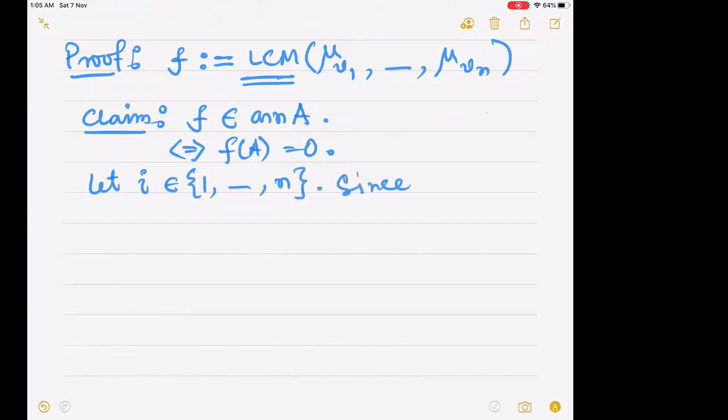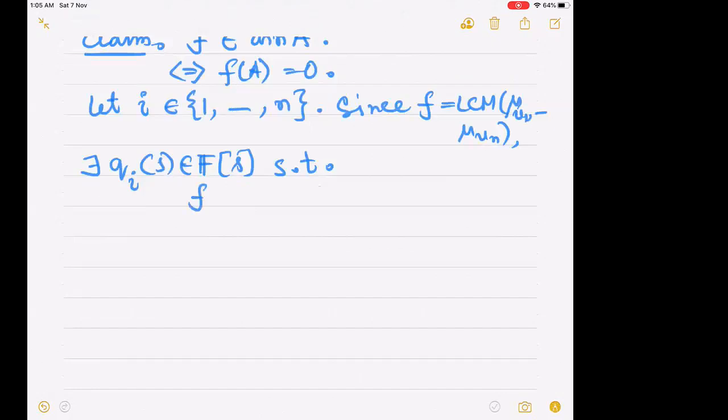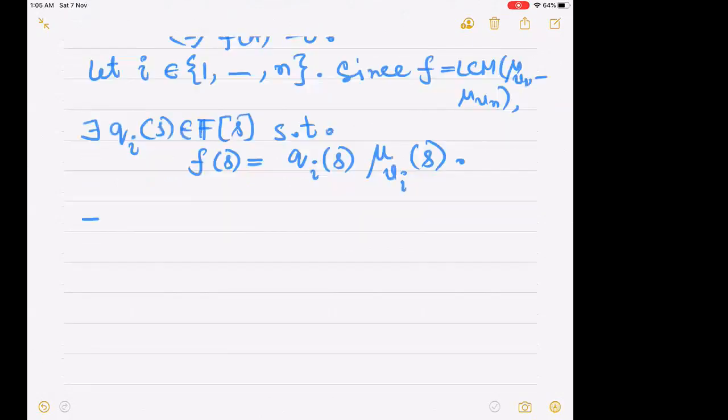Since f is the LCM of mu_v1 up to mu_vn, there exists some polynomial qi such that f is equal to qi times mu_vi, which then means that f(A) acting on vi must be equal to qi(A) mu_vi(A) vi.